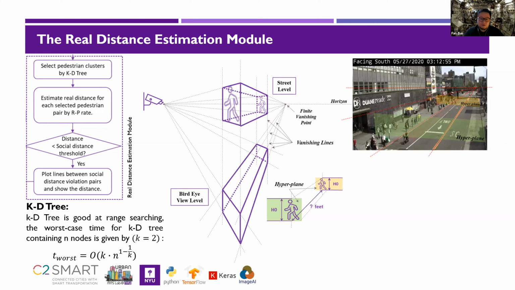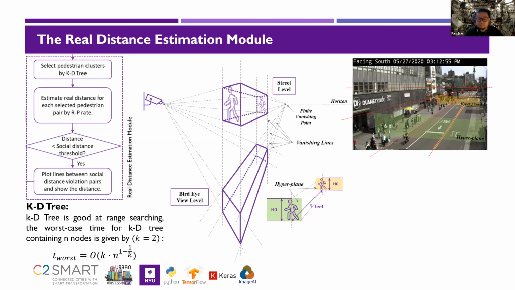And next, we can identify the centroid of all bounding boxes of those detected pedestrians. As you can see in the last slide, each object will be pointed out by the bounding box.